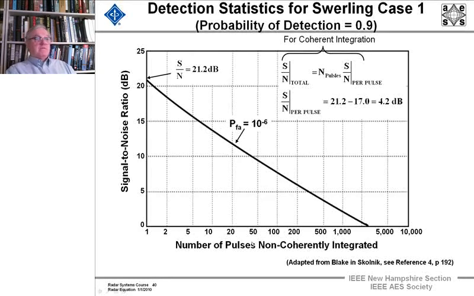But we're taking 50 pulses, and you can see if you go down to 50 pulses, there's a net integration gain of 17 dB. So we subtract off 17 dB from the total signal-to-noise ratio of 21.2, and we get 4.2 dB per pulse is what we're required to have.